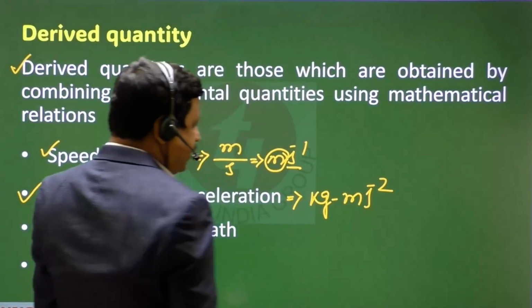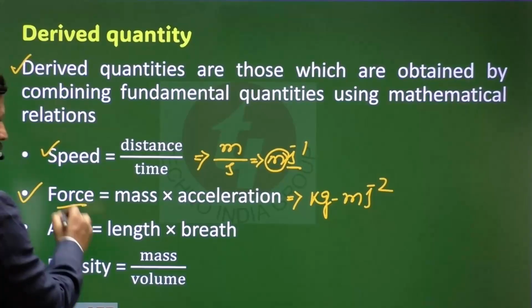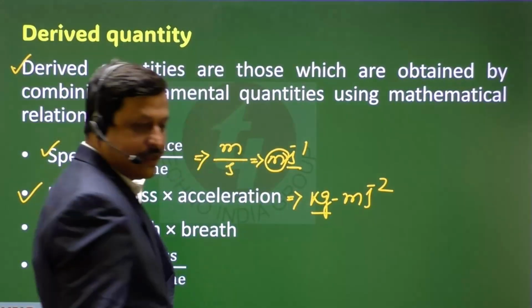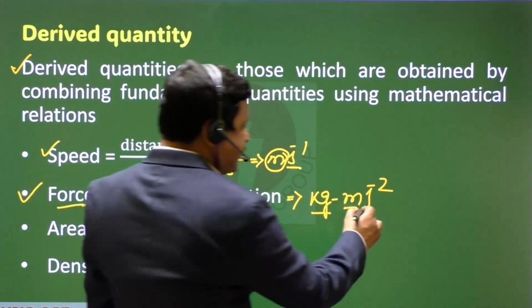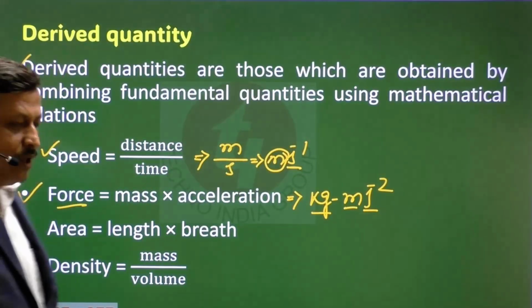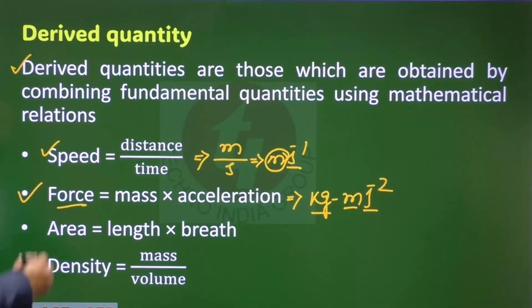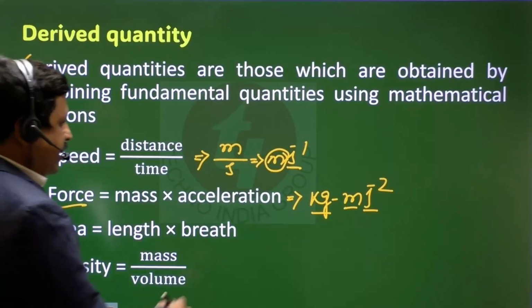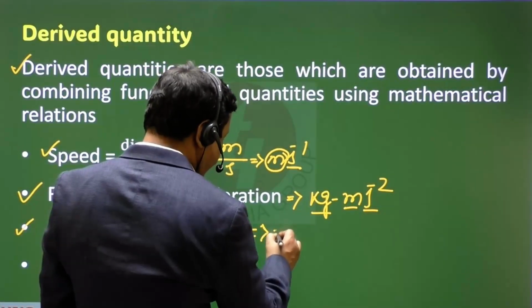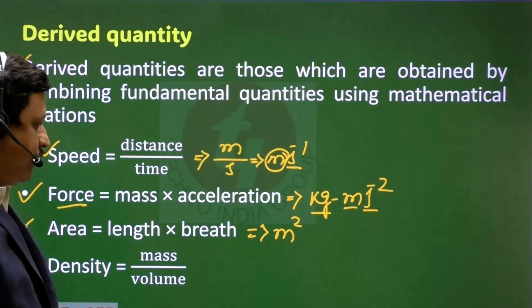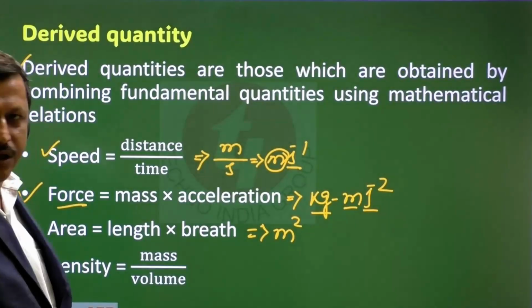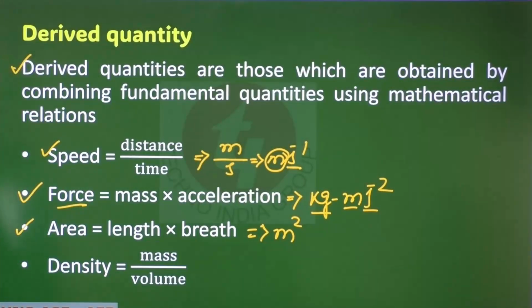That means the unit of force depends on kg, the unit of mass, meter, the unit of length, and second, the unit of time. So this is a derived quantity. Next one is area. Area is length into breadth. Unit is meter square, a combination of 2 length units, meter into meter. So this is also a derived quantity.